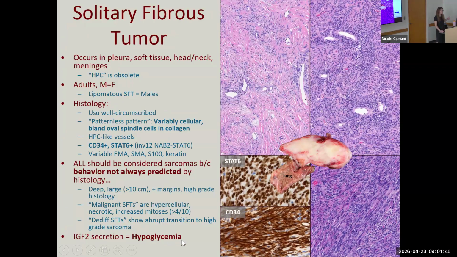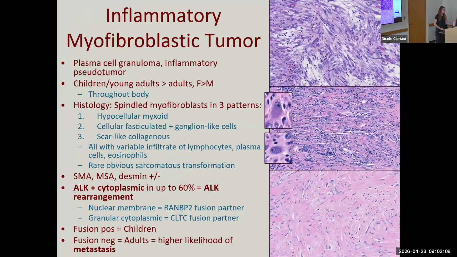Sometimes if they secrete IGF-2, hypoglycemia. The boards loves this association. Behavior is not always predicted by histology, but we have this risk stratification that includes size, margins, cellularity, mitoses, etc. These should all generally be regarded as potentially malignant, and you grade them on the risk stratification profile.